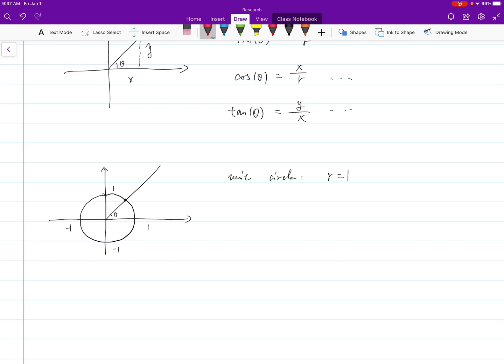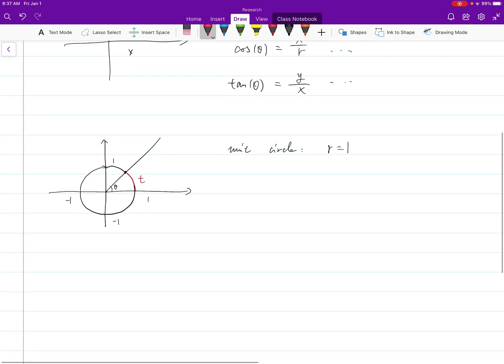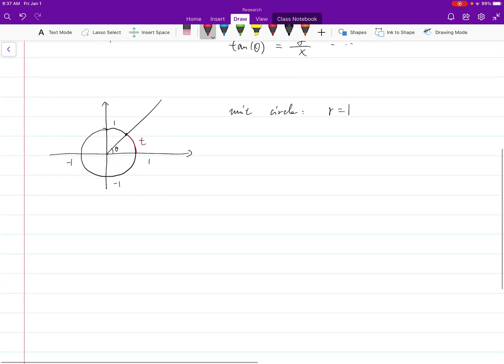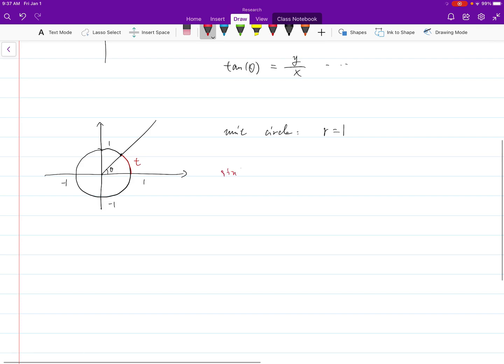Second, instead of thinking about this angle theta here, what you think about will be actually the arc length here, which we can call t, which stands for the distance from the axis to the current terminal point. So this is t. In this way, we redefine the 6 trigonometric values.